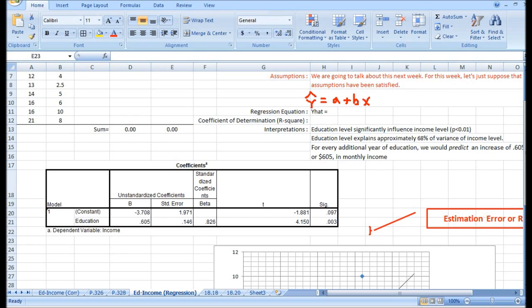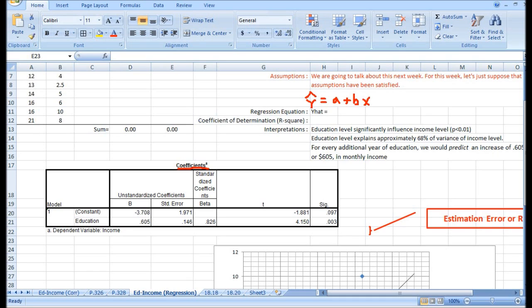This is A in the SPSS output table, the coefficient table to be specific.